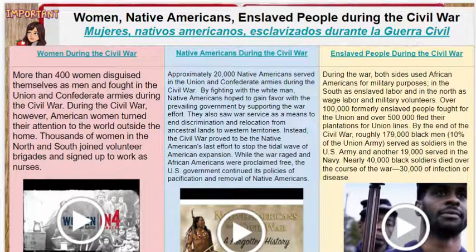We had over 100,000 formerly enslaved people fight for the Union. Over 500,000 fled plantations for Union lines, and the deal that was made was a political strategy by the North. It was if you come to the North and fight for the Union Army, you will be guaranteed your freedom, but also your family will be guaranteed their freedom as well.